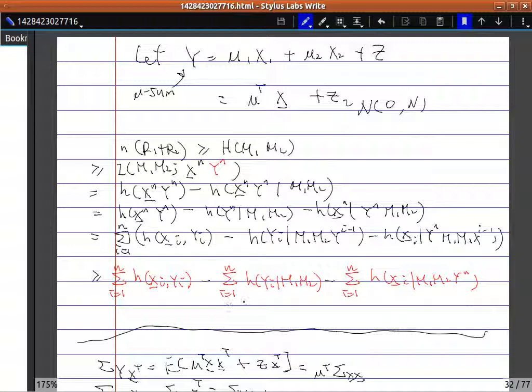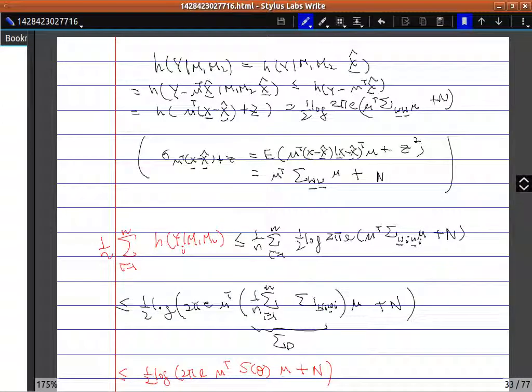Now we're trying to look into the second term here, H(Y given M1, M2). Because we have M1, M2, x hat is known, so we can add that in the condition. And then with x hat, we can subtract mu transpose x hat in the argument. Because conditioning reduces entropy, if we remove this conditioning, we have a less-than-or-equal sign here.